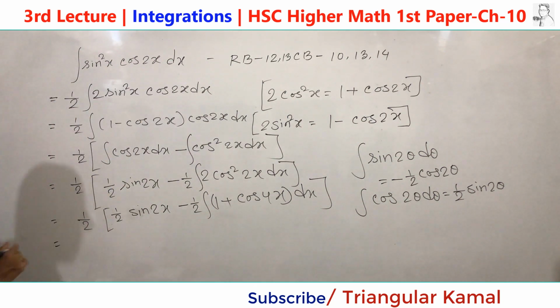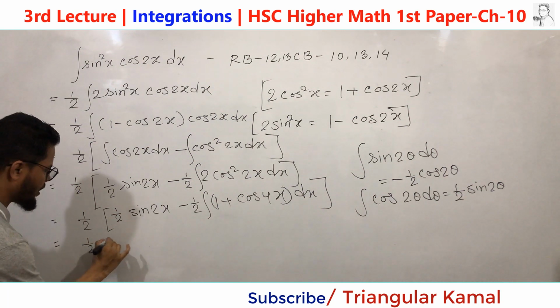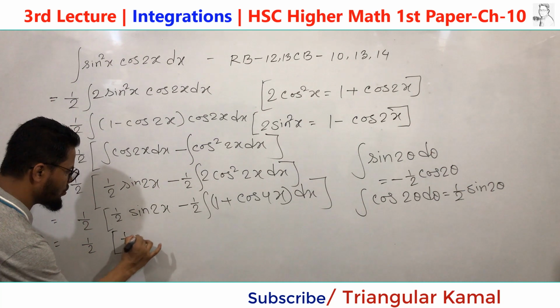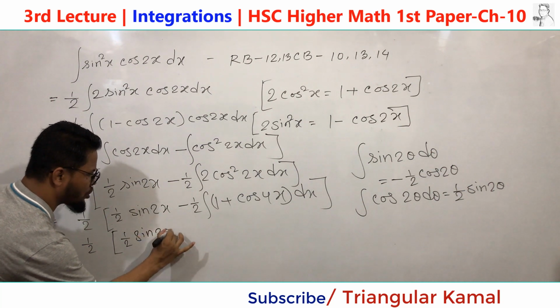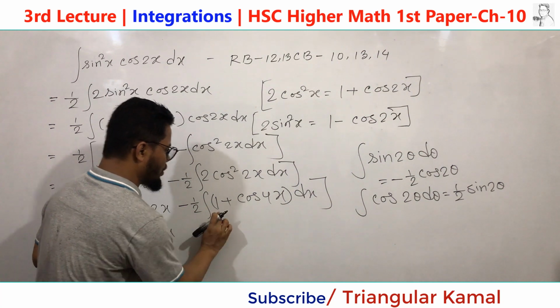Now do 1 by 2. This one will be in a third bracket: 1 by 2 sine of 2 times of x. And if you multiply this one, there will be dx.